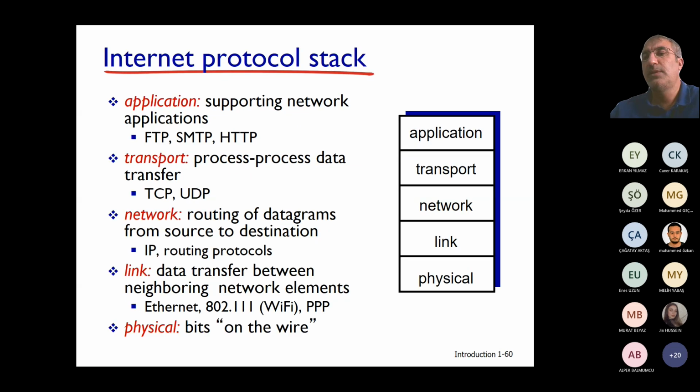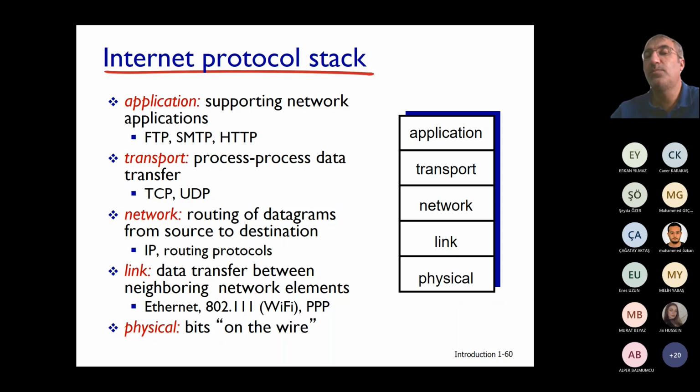So similar things are applied to the internet. That's why we split the internet protocol stack into layers. The first one is the application layer, which supports network applications such as FTP, SMTP, HTTP, email, social networks, and so on. All the applications run at this level. Then we have the transport layer.